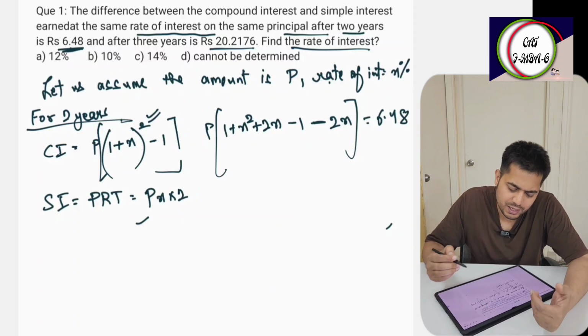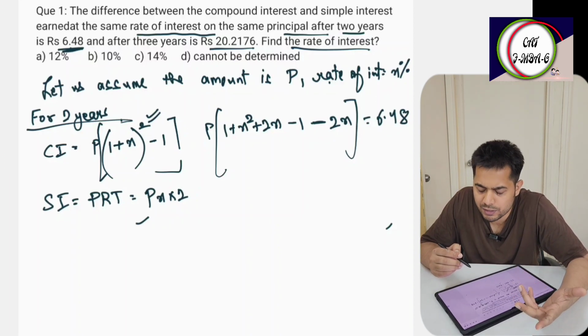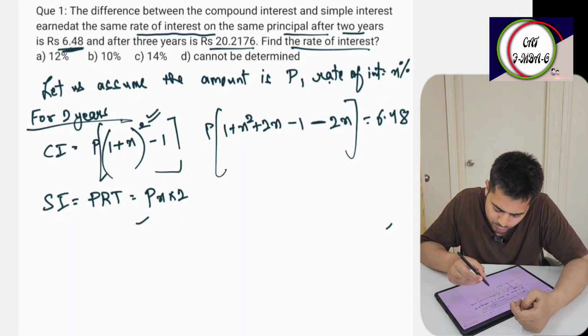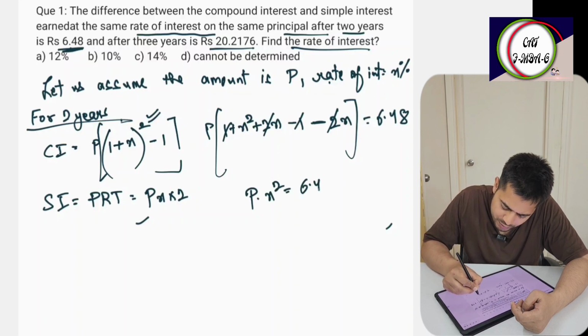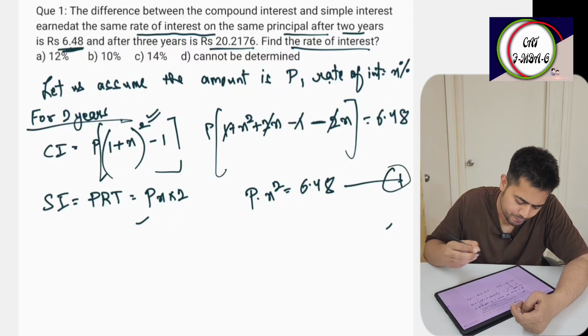It is given that the difference between compound interest and simple interest is 6.48 if the time period is 2 years. So 1 gets cancelled, 2X gets cancelled. So P into X square is equal to 6.48. We can take it as equation number 1.